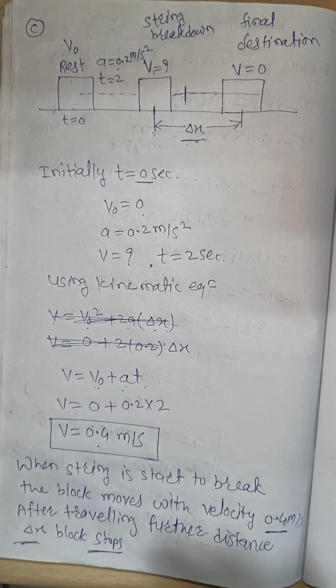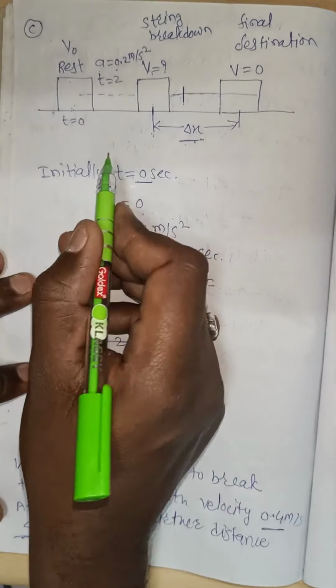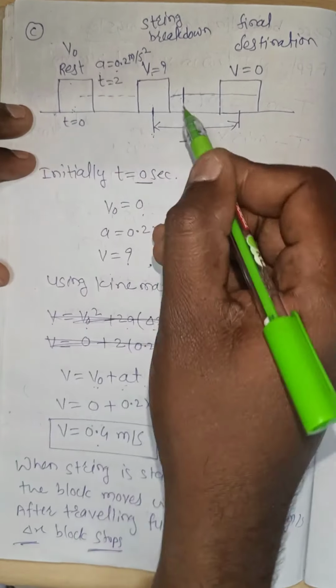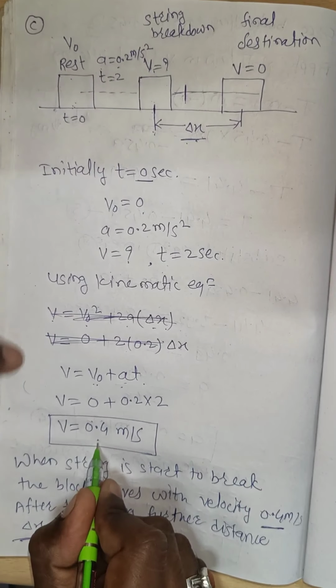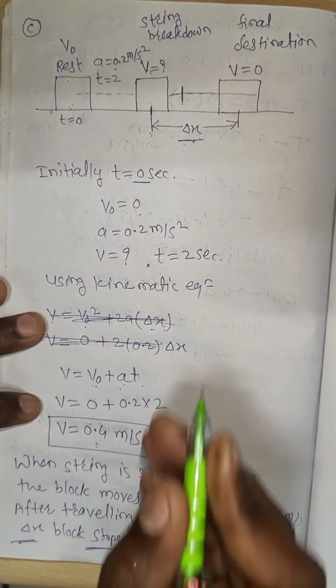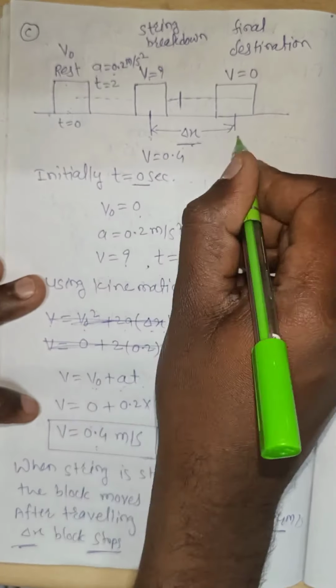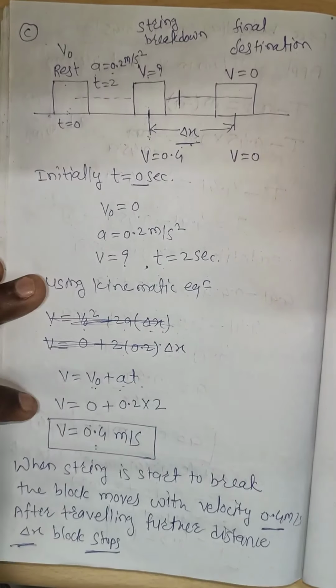Now, in that case, what happened? Initially the block moves with some velocity, and it reached a final velocity. Here the velocity is 0.4, and finally the velocity is 0.